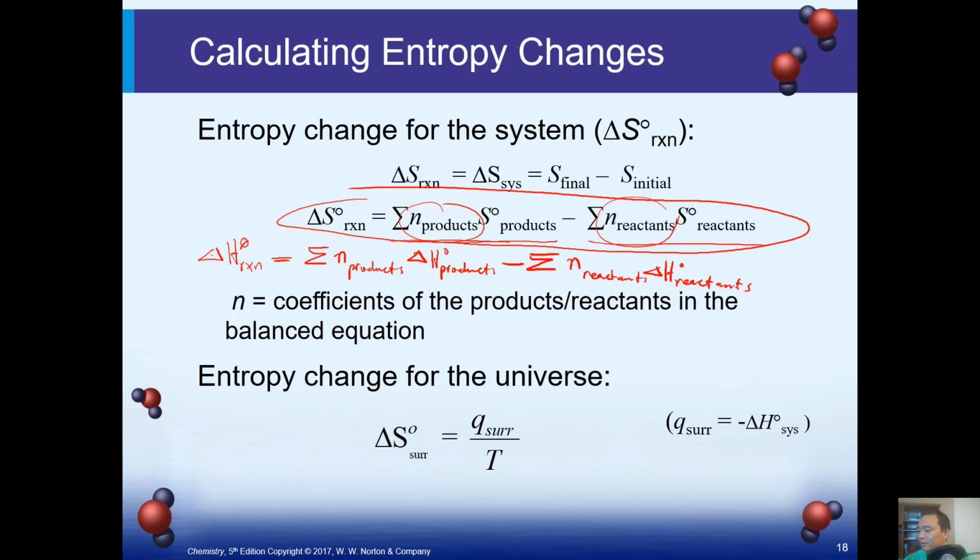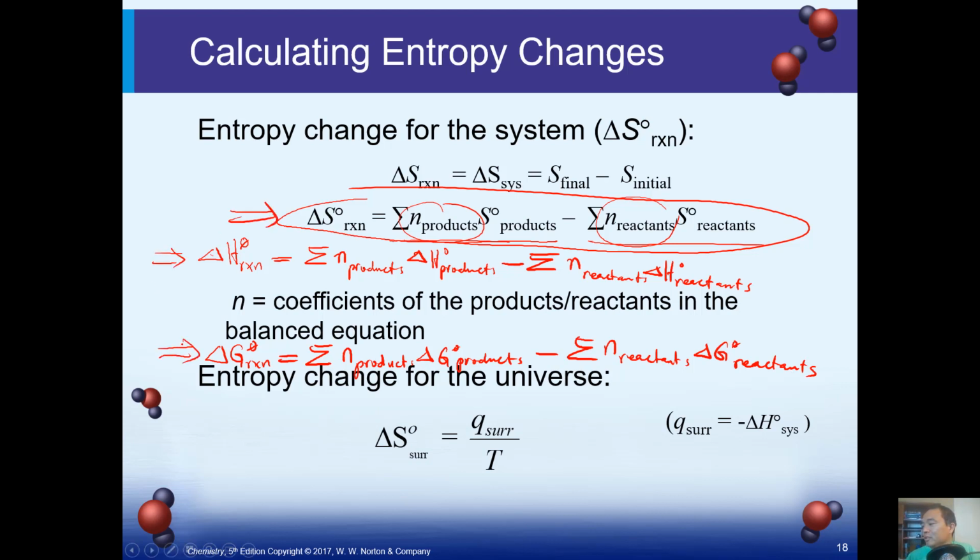Similarly, for the Gibbs free energy change, which we will talk about in a little bit, because it's a state function, you can also do the calculation similarly. So we have three very similar equations for entropy change, for enthalpy change, and the Gibbs free energy change for the chemical reaction.